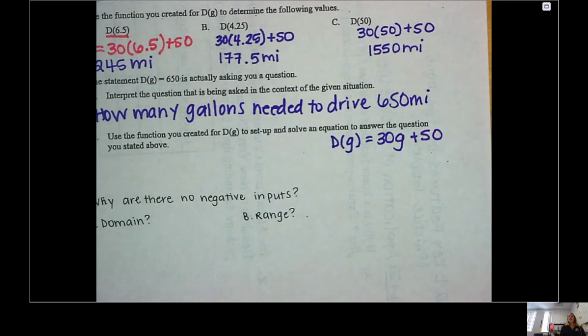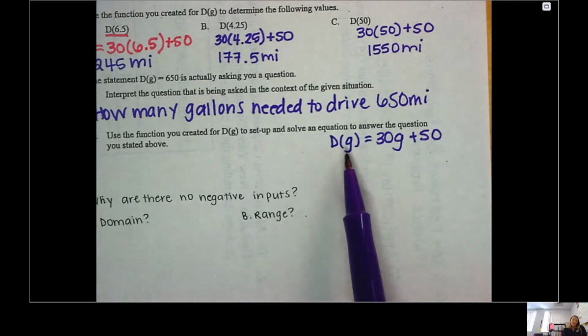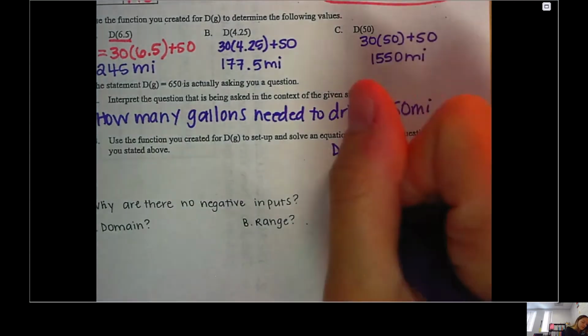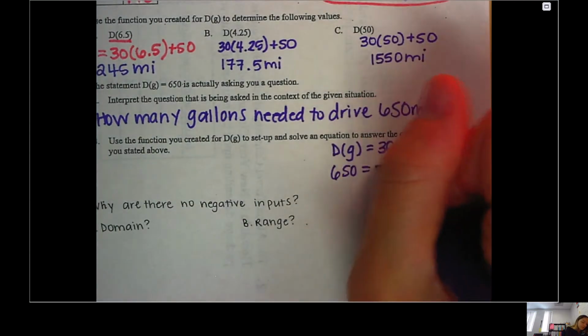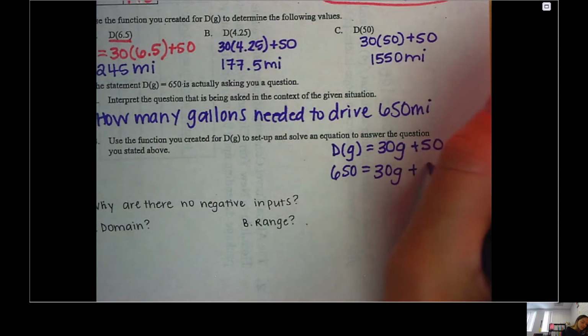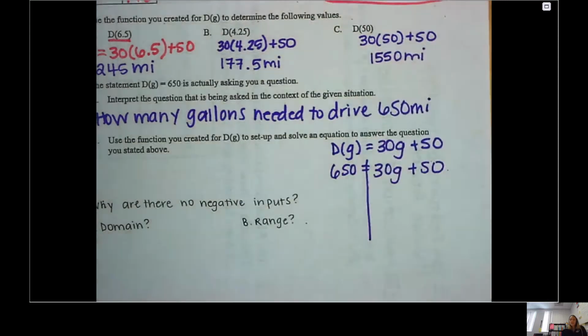So I give you 650. Where does that get plugged in? Good. So I'm going to plug it in right here. D of G is 650 equals 30G plus 50.